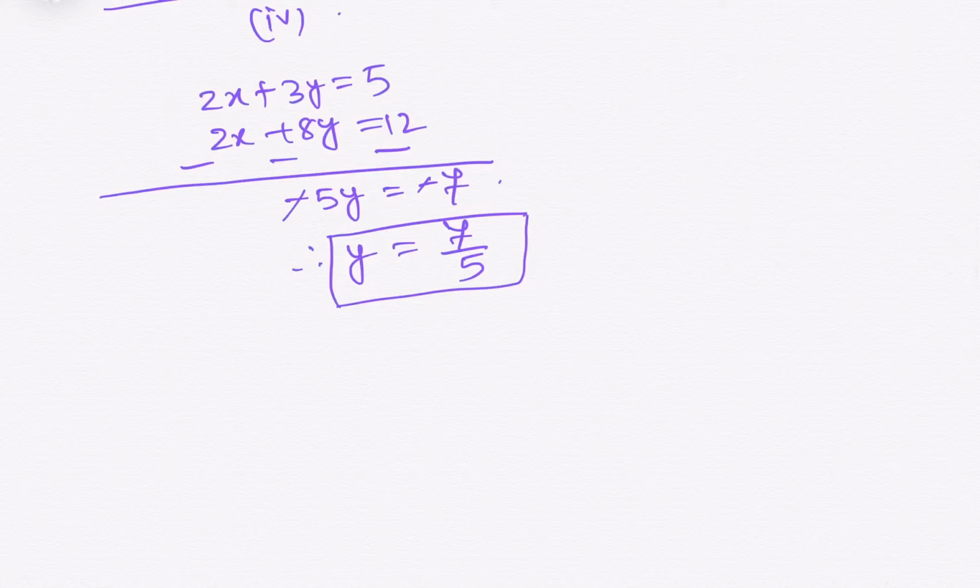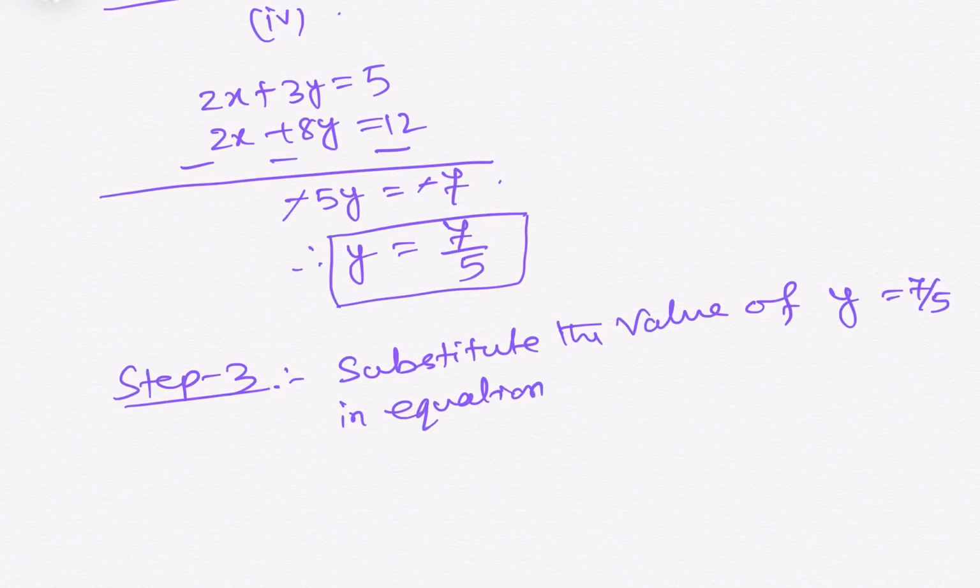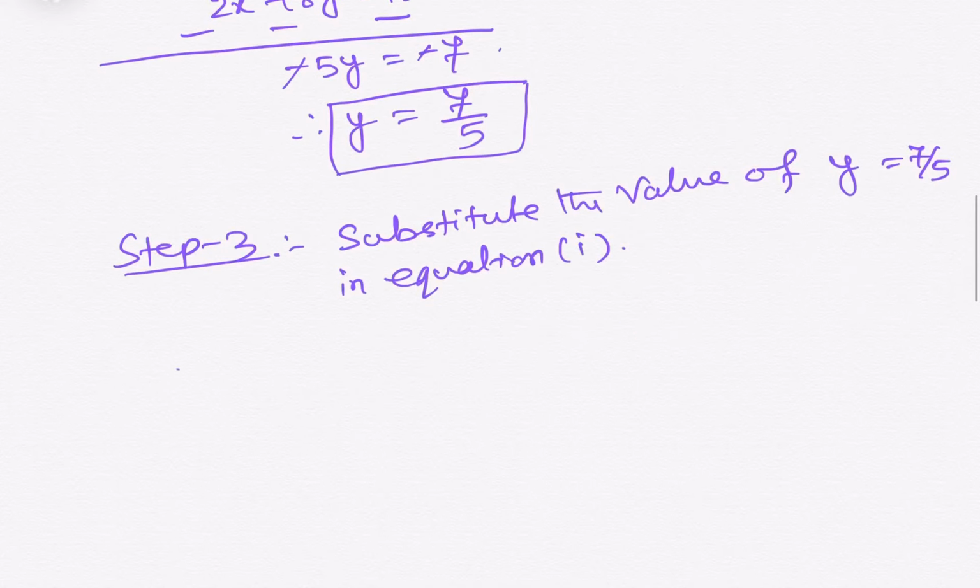Now we calculate the other variable's value. We substitute the value of y into any one of the given equations. I will substitute y equals 7/5 into equation 1, which is 2x plus 3y equals 5.